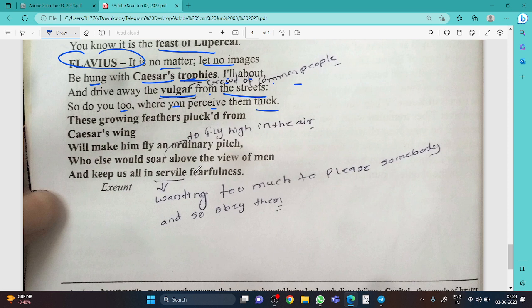So they thought that Julius Caesar is becoming powerful and it will lead to a dictator kind of thing, and when Julius Caesar is supported by the common people of Rome, he will become a dictator, he will become over arrogant. But I think we as students should know that Julius Caesar was never an arrogant person.